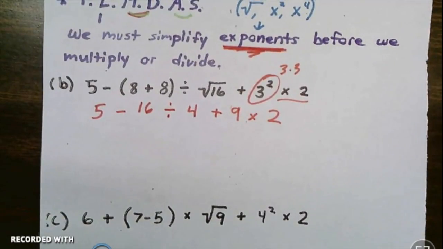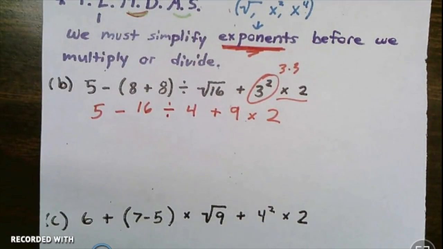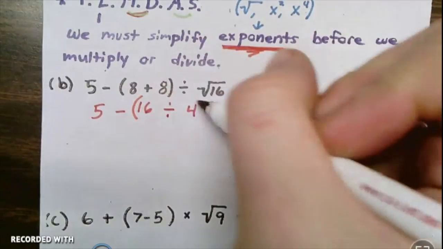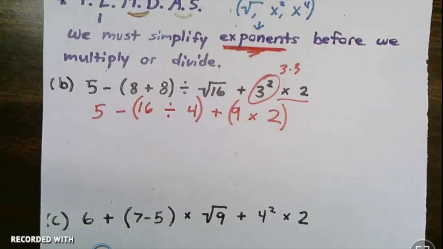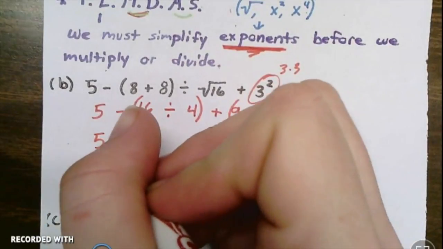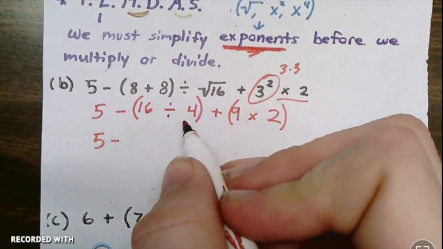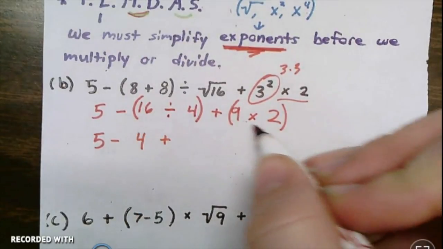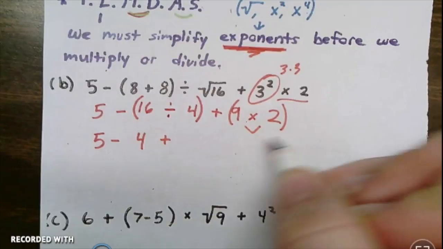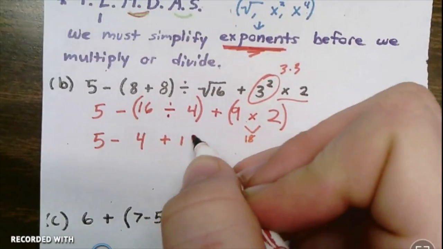Now I'm going to draw parentheses around any multiplication or division. So I've got 16 divided by 4, and I've got 9 times 2. So we've got 5 minus 16 divided by 4 is 4, plus 9 times 2 is 18, so we'll write it in right here.